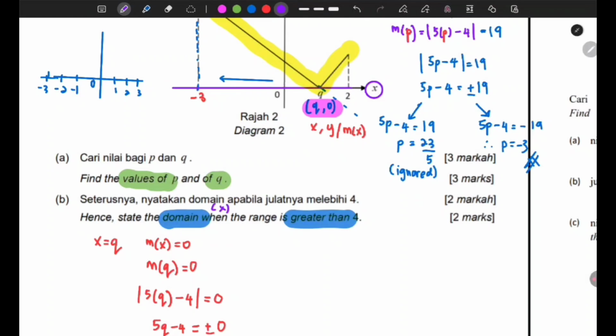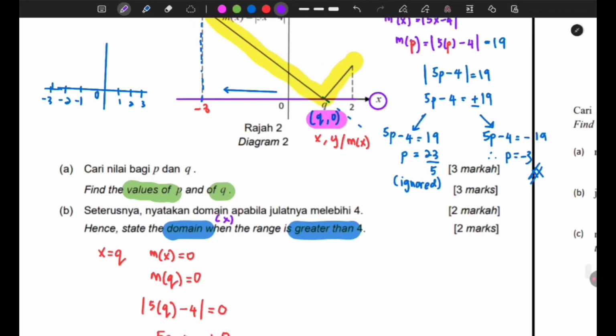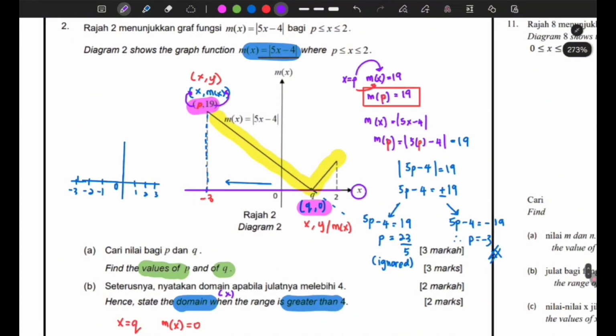Alright, and they say when the range is greater than 4. So where is the 4? You have to find out that first. The 4 is actually the y-intercept, which is here.